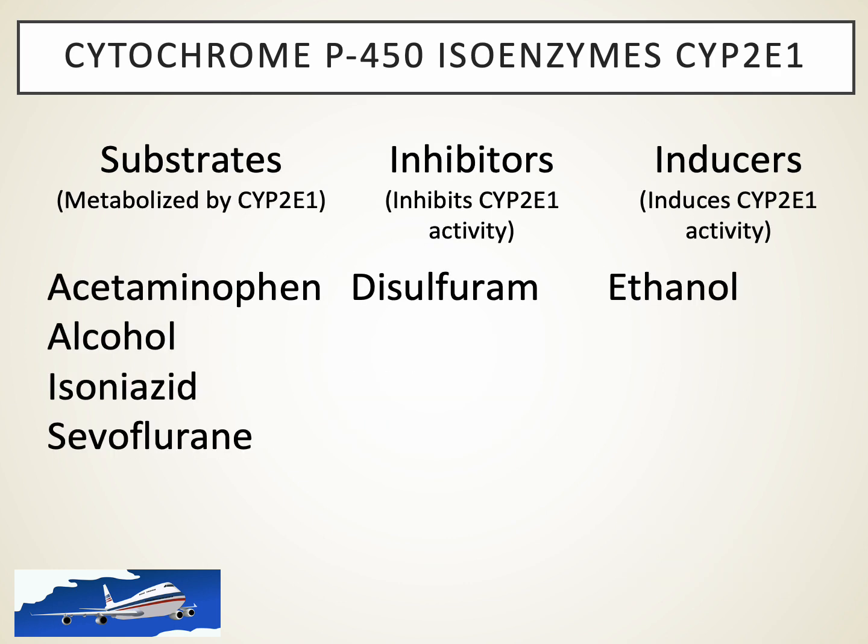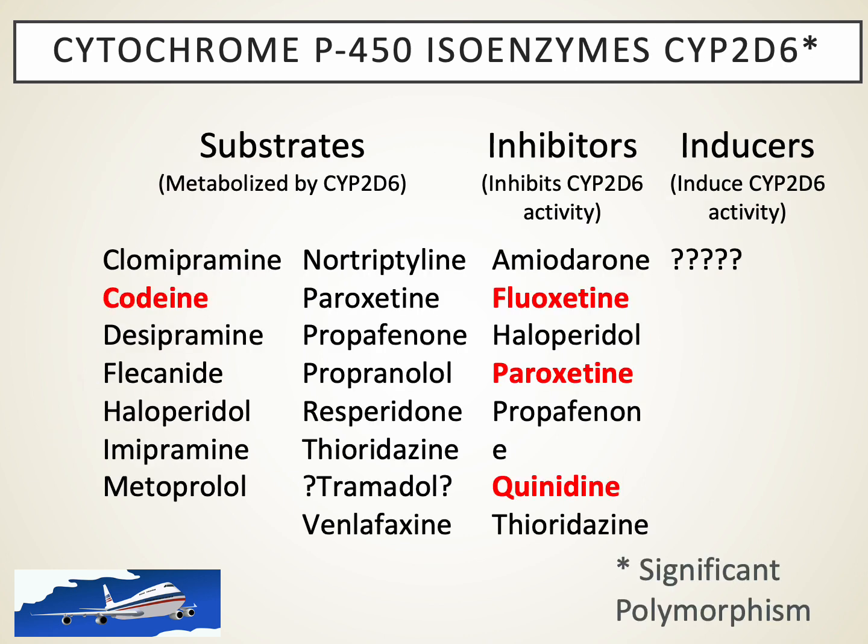The cytochrome P450 enzyme 2E1, less commonly used, but here are some examples of substrates and inhibitors. 2D6, a pretty common enzyme where there are a lot of substrates and a fair number of inhibitors and inducers as well. Probably the one that comes to mind here around 2D6 is codeine.